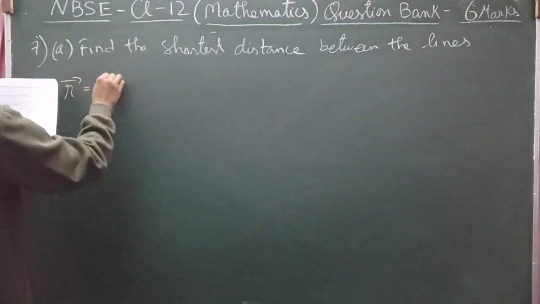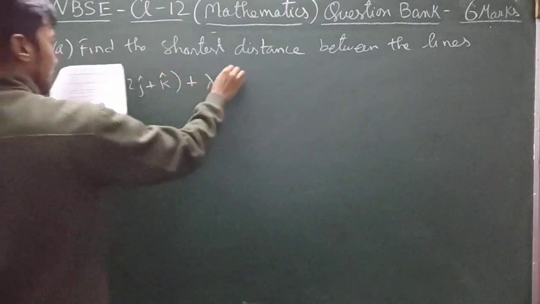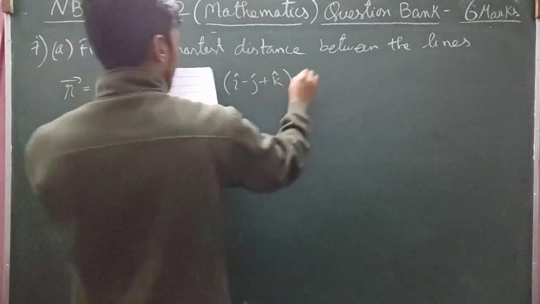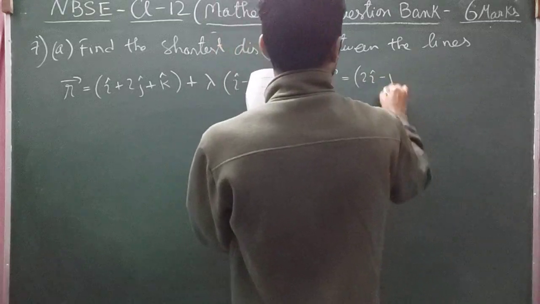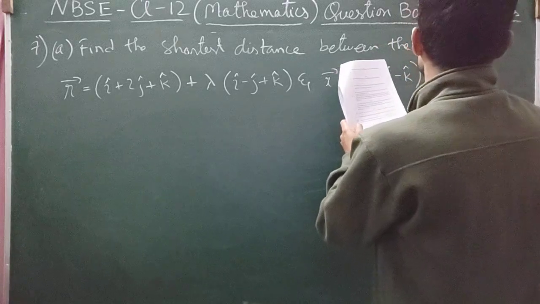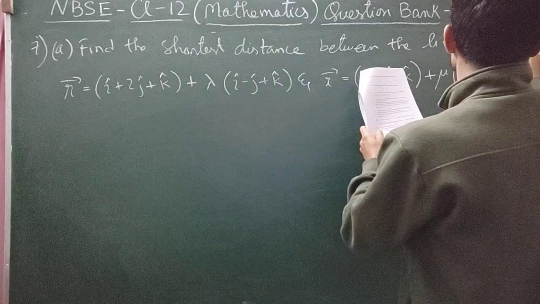Vector r equal to i plus 2j plus k plus lambda times (i minus j plus k), and the other line is 2i minus j minus k plus mu times (2i plus j plus 2k).